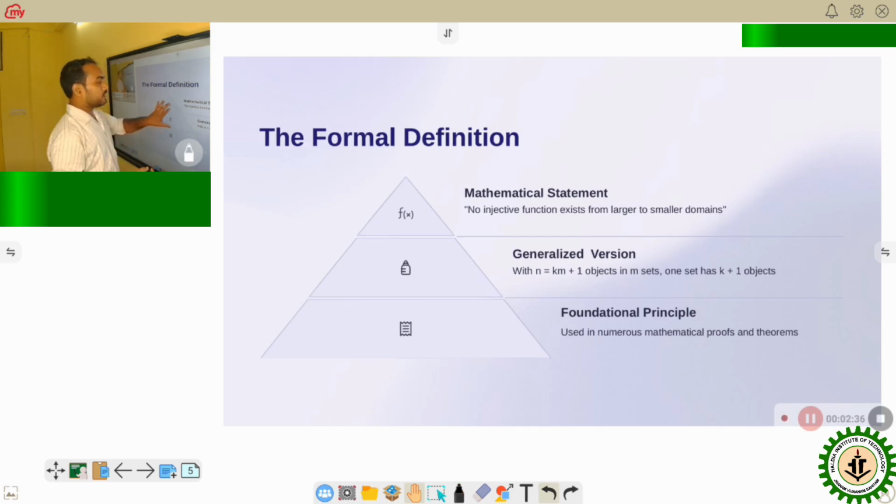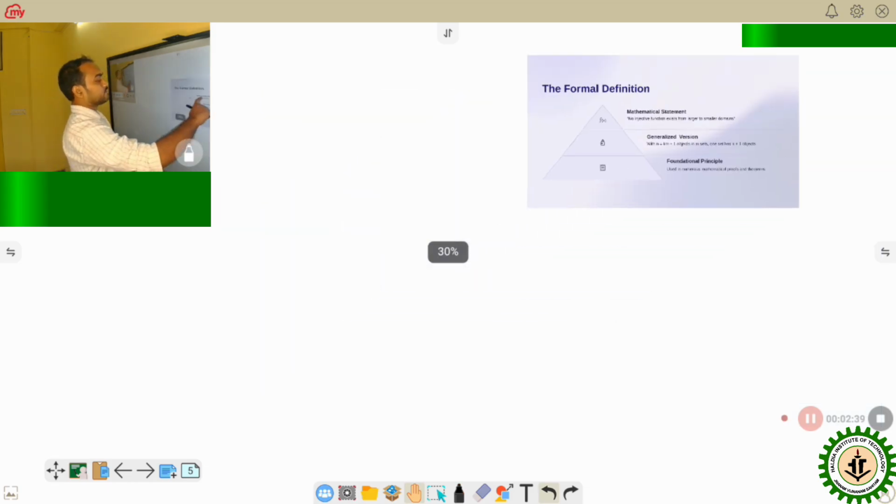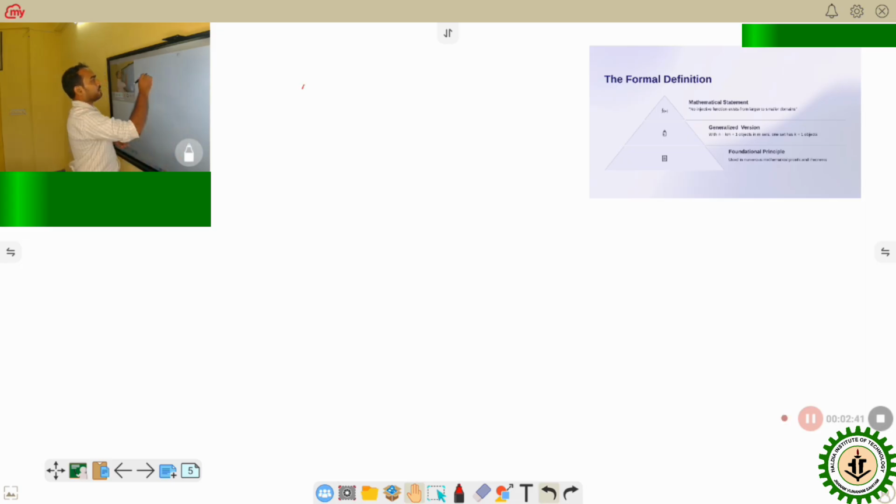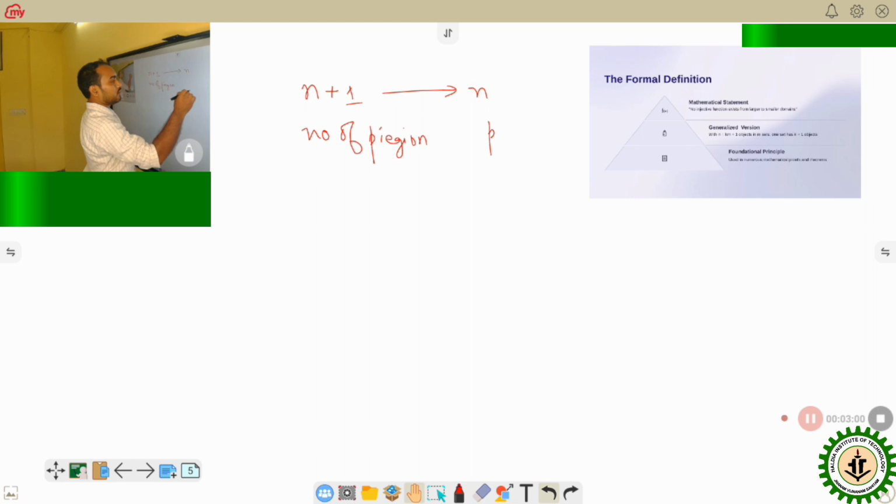What does this mean? This means that n plus 1 objects are to be embedded into n pigeonholes. So you have n plus 1 pigeons, and this is the number of pigeons, and this is the number of pigeonholes.